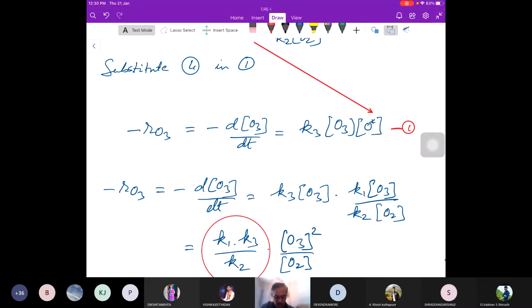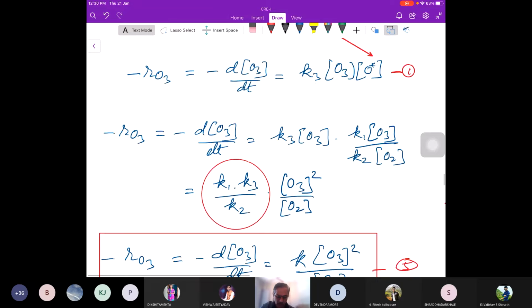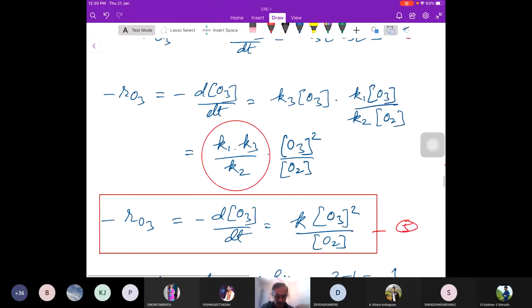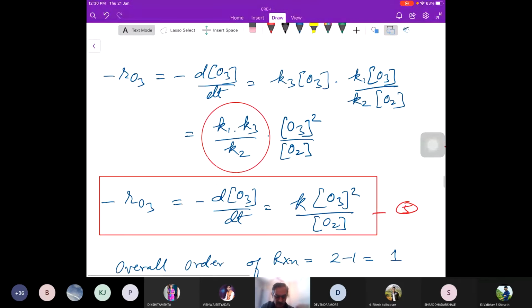Right? So if you bring all the constants together, K1 K3 upon K2 into ozone square upon O2 concentration. ठीक है? We can combine these three constants into one, a new constant K, and what we get is the desired equation, K into concentration of ozone square upon concentration of oxygen.